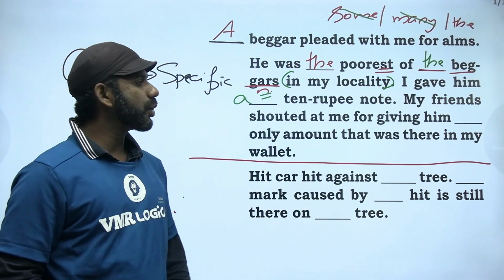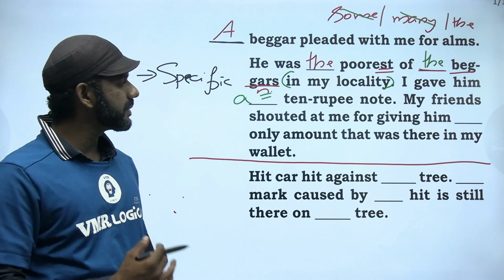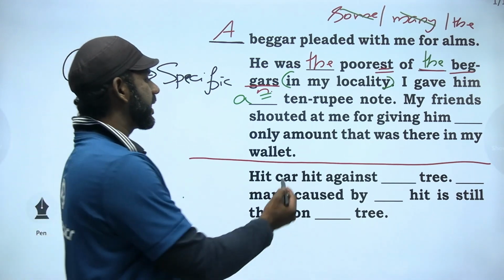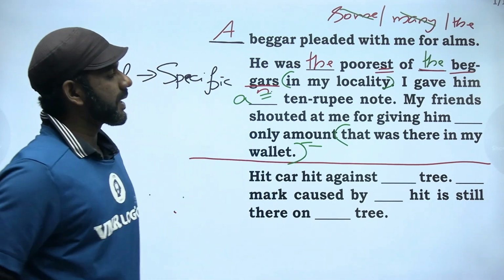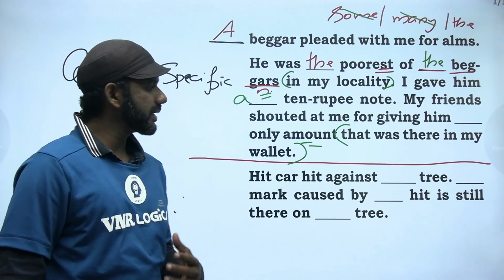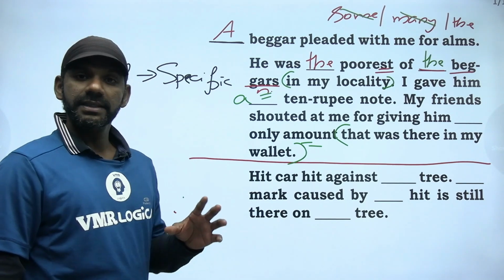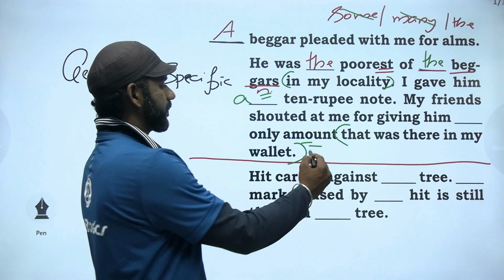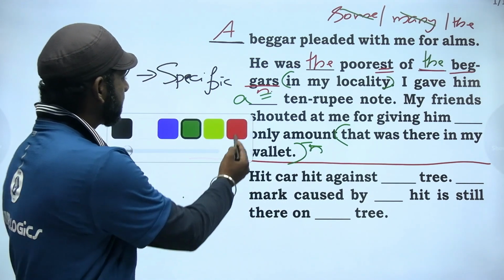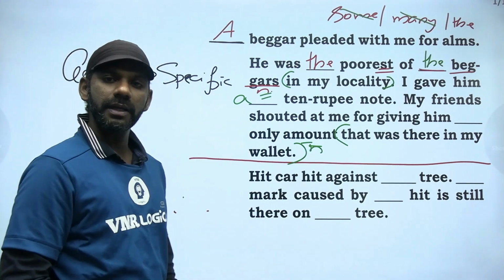My friends shouted at me for giving him dash only amount that was there in my wallet. Amount is a noun. In this sentence, is there any detail given regarding the noun amount?